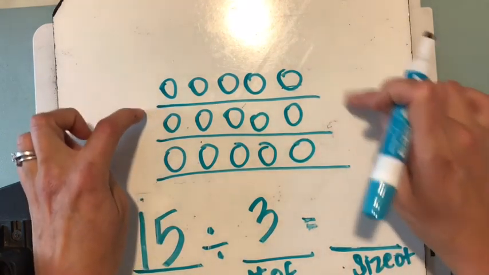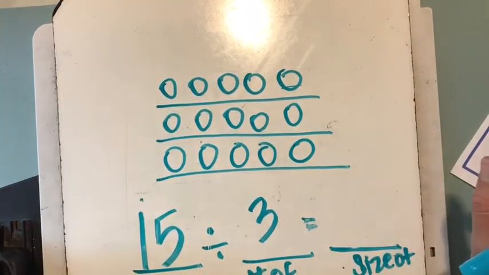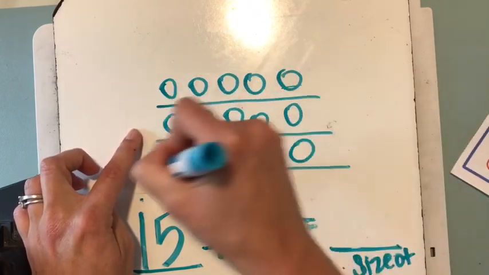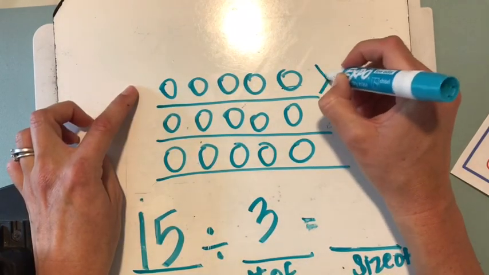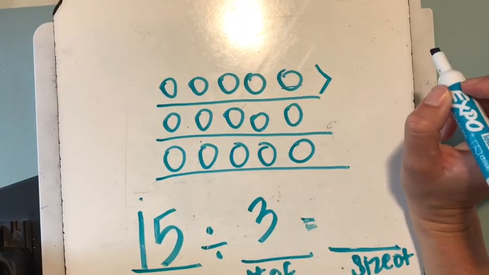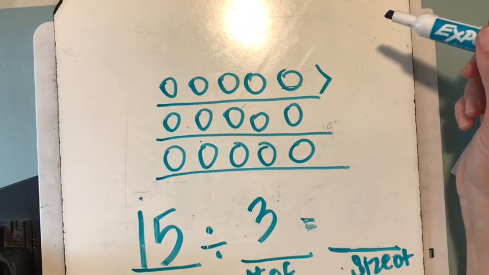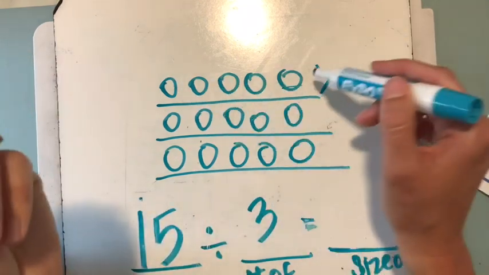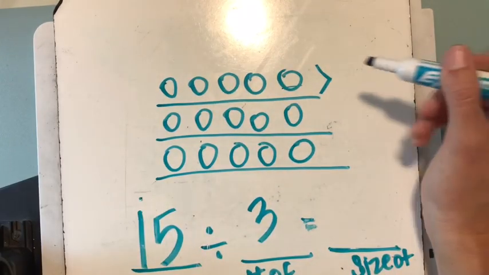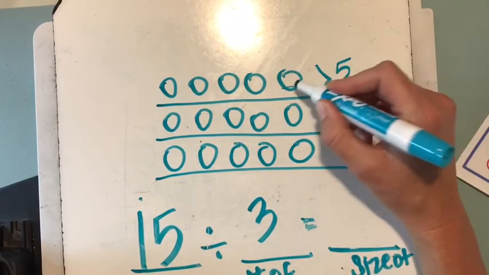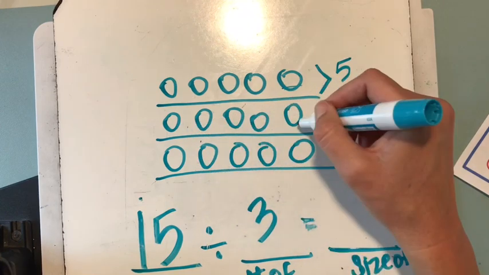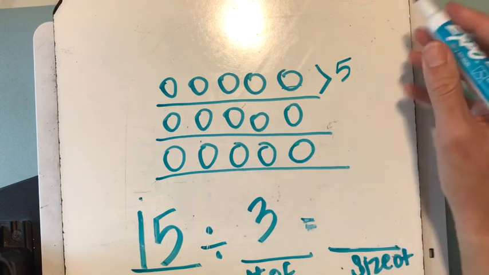So I have a total of 15, and I have 3 groups. How many are in one group? Think about that. Can you tell me how many are in this group? 5, right? I have 5 here and 5 here.